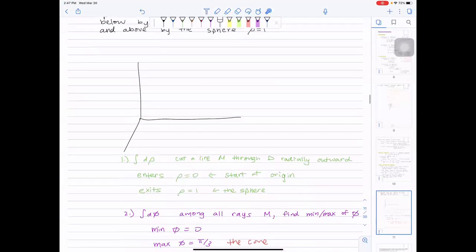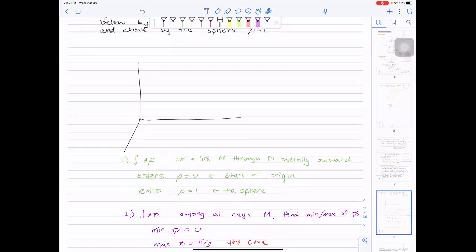Then for phi, you always want to draw a ray and look at the angle between that ray and the positive z-axis. So this line would be phi equals 0, because it's equal to the z-axis.